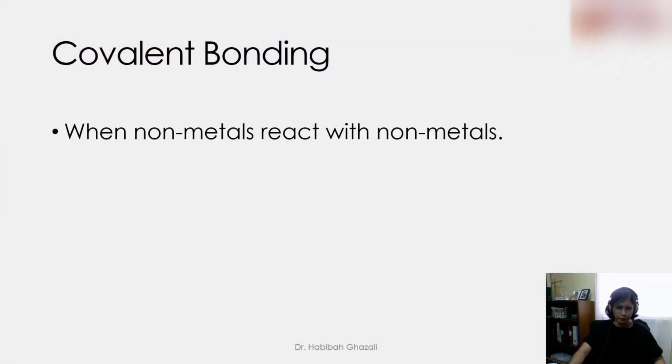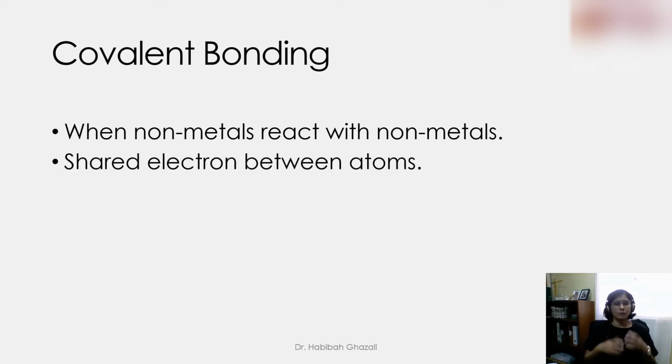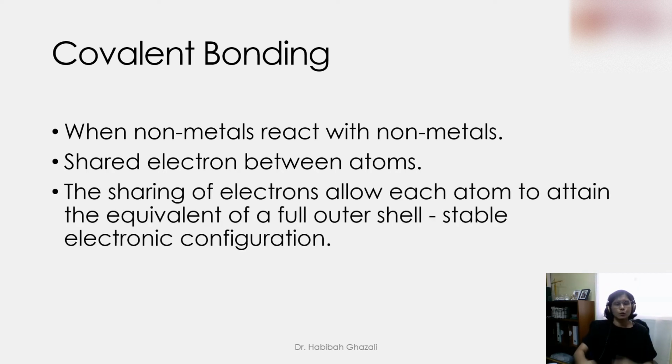Covalent bonding happens when non-metal elements react with other non-metal elements. It involves the sharing of electrons instead of transferring electrons. So electrons will be shared between two or more atoms.